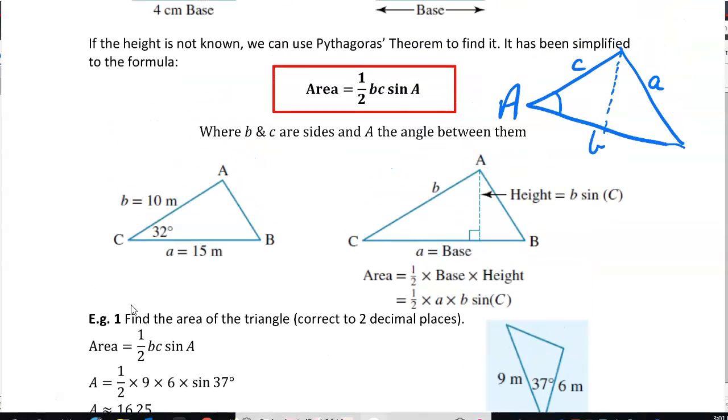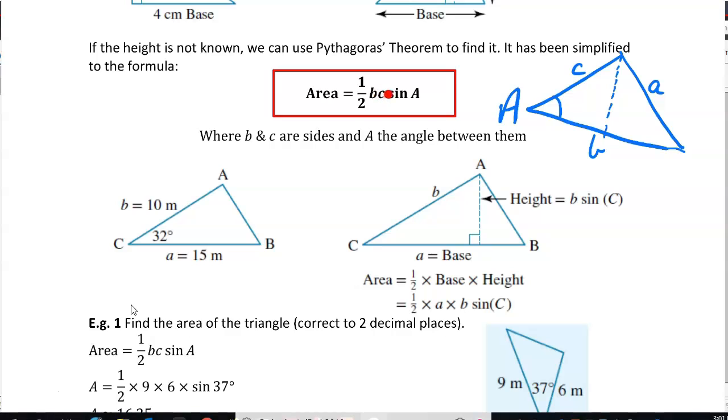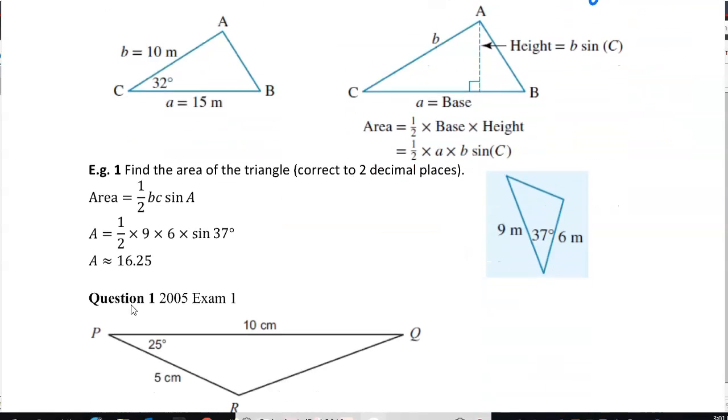Where now it's important that this b and c are two sides that are adjacent to each other, and A is the angle between them, all right? So b and c are two sides adjacent next to each other, and A is the angle between them.